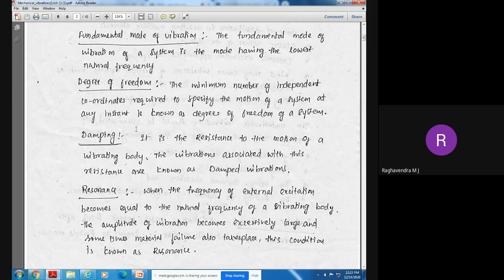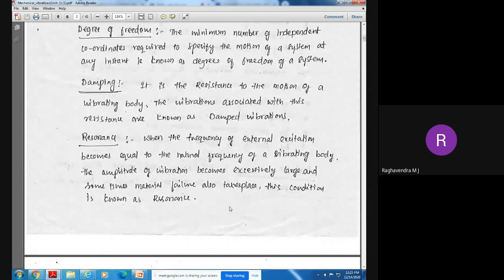Okay, you might have seen this in the case of a tuning fork also. Whenever resonance is reached, it will give some sound, and it will be vibrating with a maximum amplitude. Okay, so that is called resonance. The amplitude of vibration becomes excessive, that is large, and sometimes material failure also takes place. So always while designing any machine component or a structure, we need to keep the natural frequency of a body away from the frequency of the external excitation.